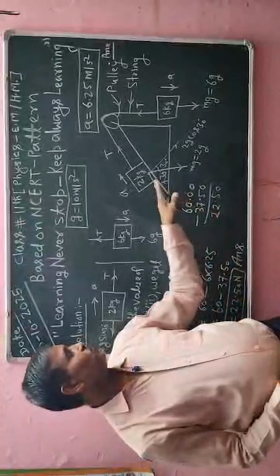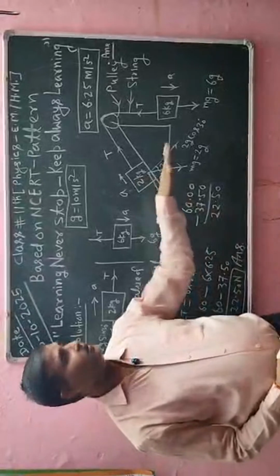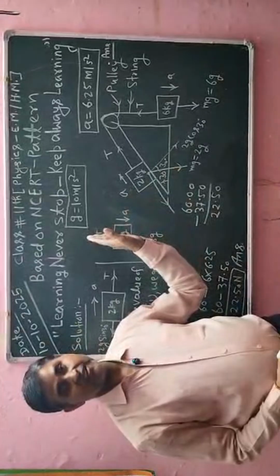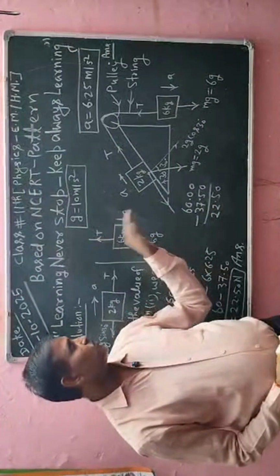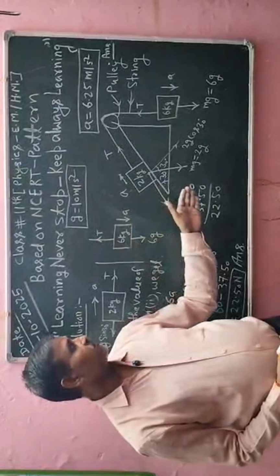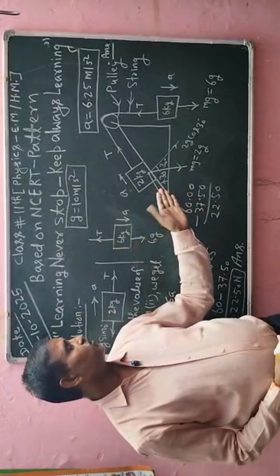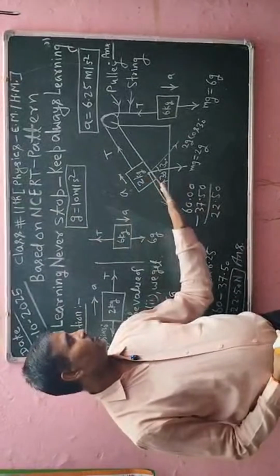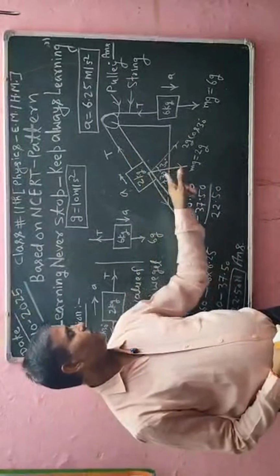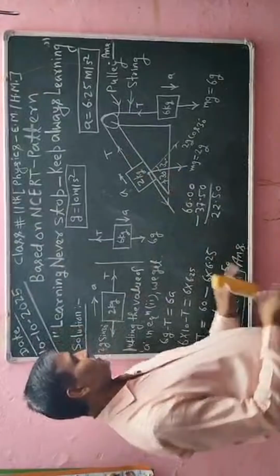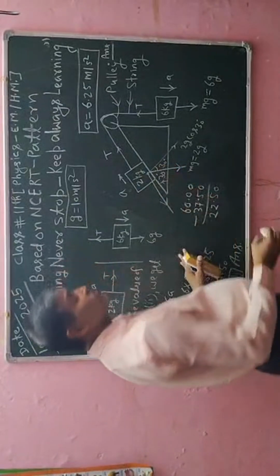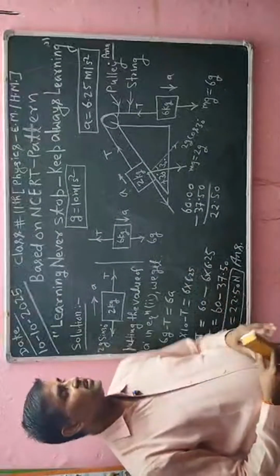First situation, when this plane is horizontal: in that case, I have got the acceleration and the value of tension force. And this is the acceleration value and tension force when this object is on the inclined plane with 30 degree. Okay students, I hope that you understand the solution of this question clearly.